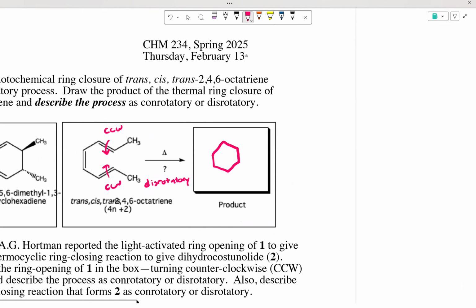And then we can think about where the bonds are going to be now. In order for the ring to close, we need one pair of electrons to be donated here. Let's say that the bottom pi bond donates its electrons here.